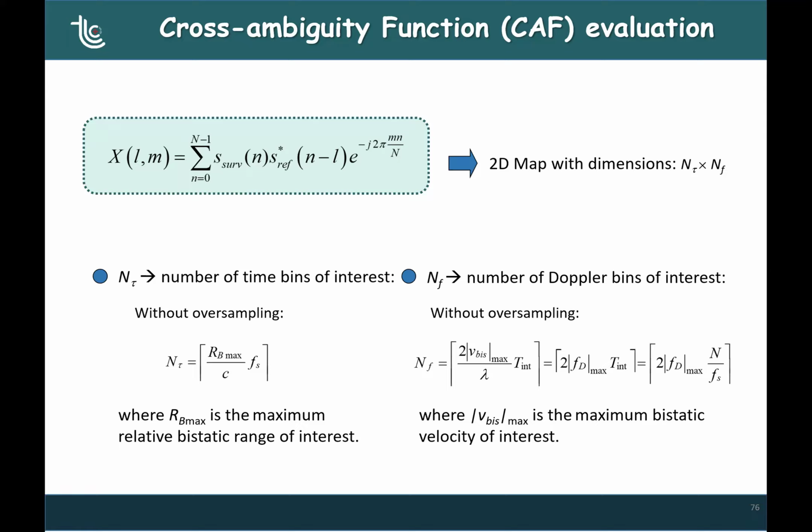Now, what about the number of Doppler bins of interest? It depends, of course, on the maximum bistatic velocity of interest. And then the number of bins in number of samples is practically 2 times the maximum Doppler frequency that we want to consider, times N divided by fs. So as you can see, the number of samples can be very, very high.